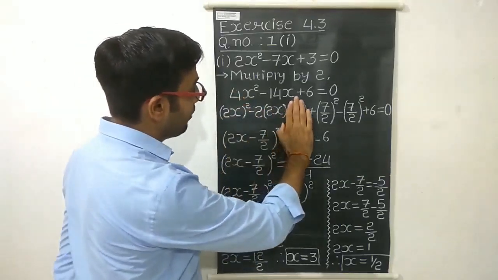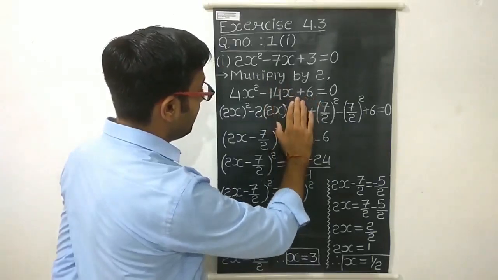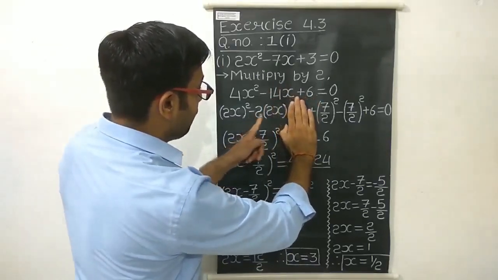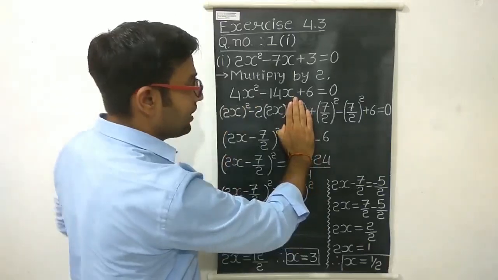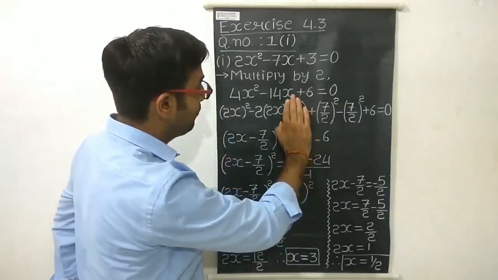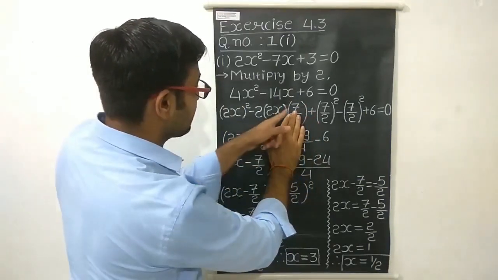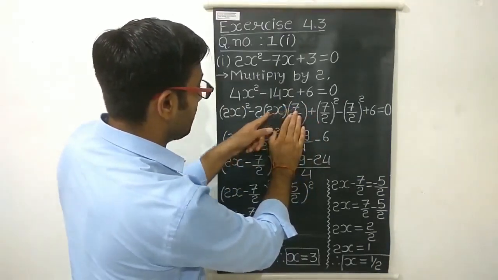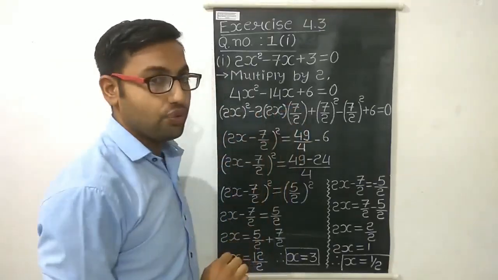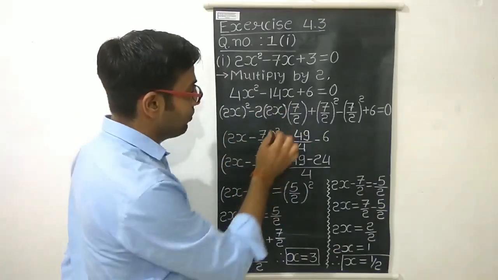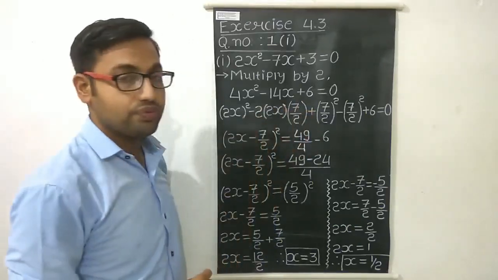Now here we have the middle term as 14x, and here we have 4x. To make it 14x, we can multiply by 7, but by just multiplying by 7 we will get 28x. So we have to divide by 2 again. So we multiply this 2 into 2x with 7 by 2.